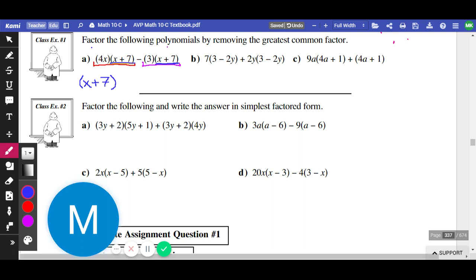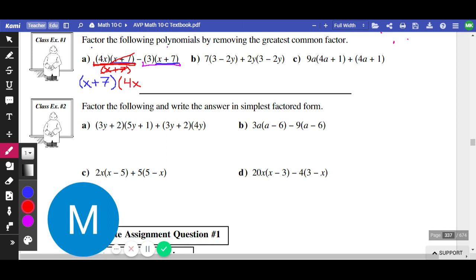I'm going to take that x plus 7 as a GCF so it comes out front. Then I end up with a remainder after I take a GCF out. The remainder is what's left over when you divide each term by your greatest common factor. If I divide the red side by x plus 7, the x plus 7's cancel out and I'm left with 4x.